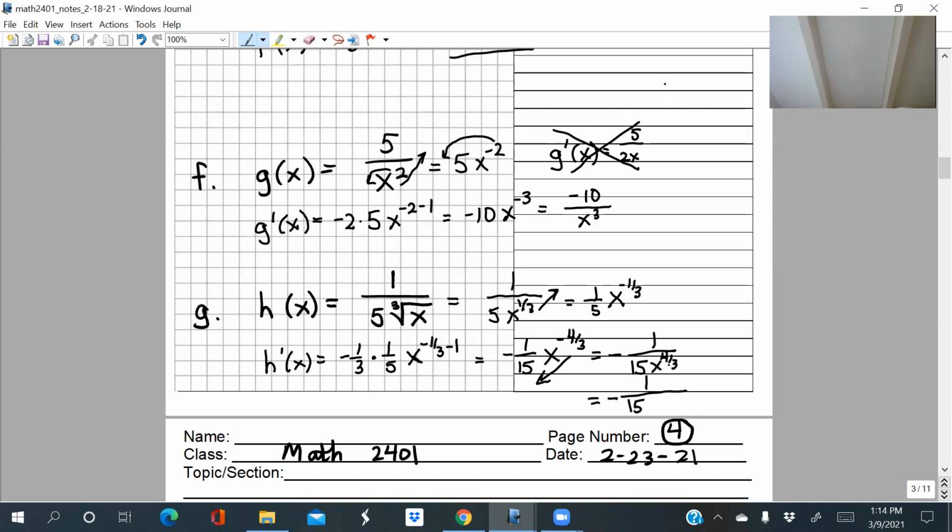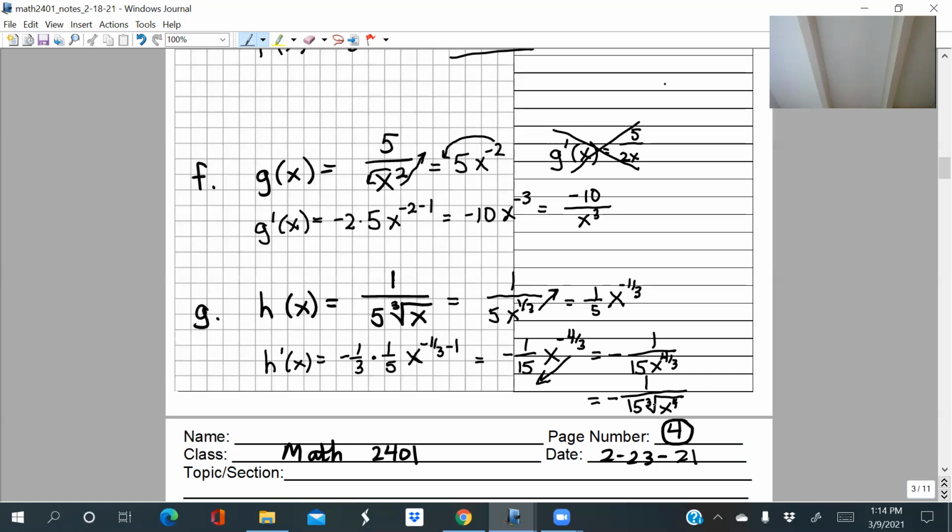Since we have a thirds here, that's going to be cube root. And then the 4 will stay as an exponent. So there's my answer. Minus 1 over 15 cube root of x to the 4th power. You can actually simplify this a little bit more, but it's not really that important.